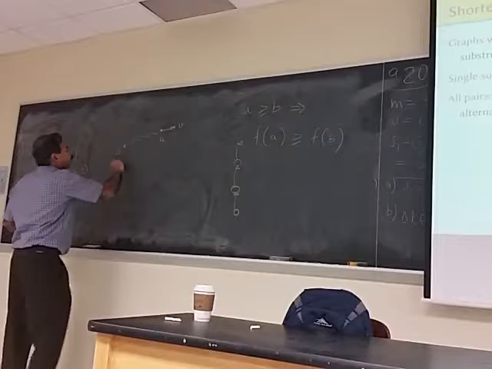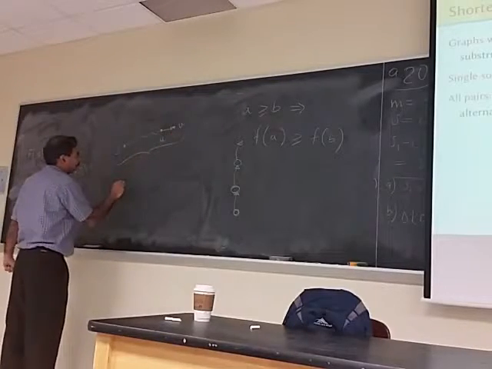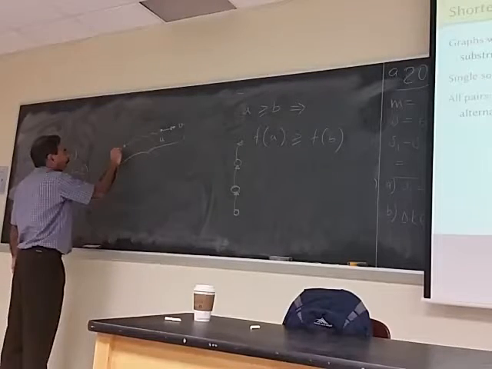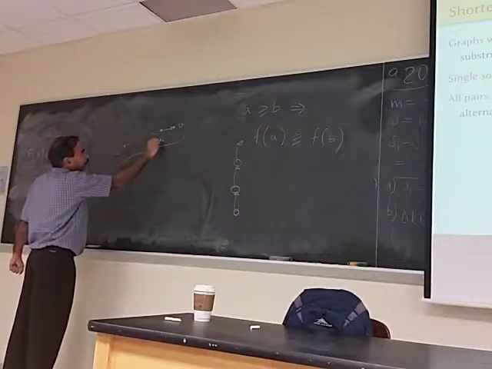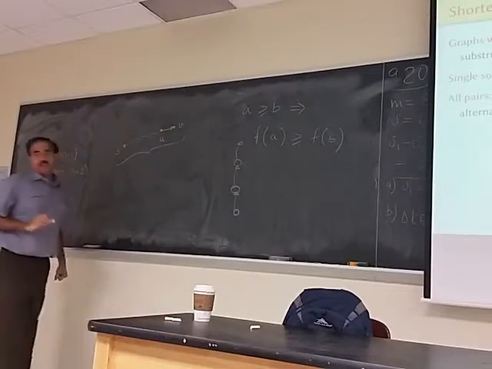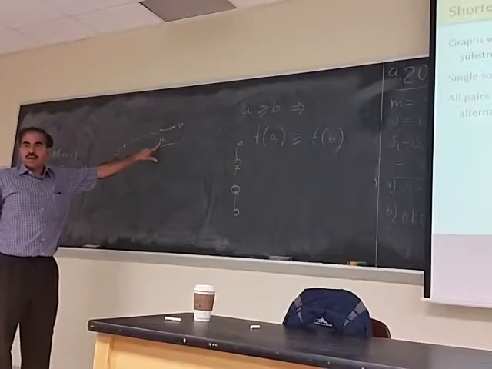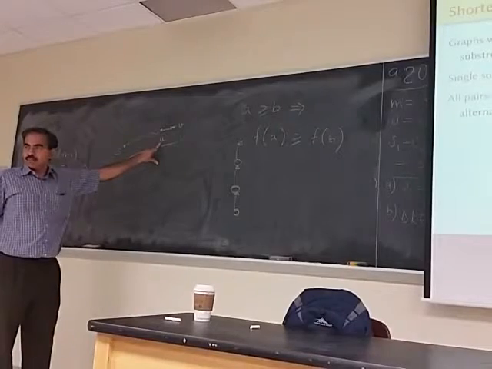Then the optimal cost of the path from S to V is going to be the optimal cost of the path from S to U, followed by the length of U to V, right? For some predecessor U of V, right?